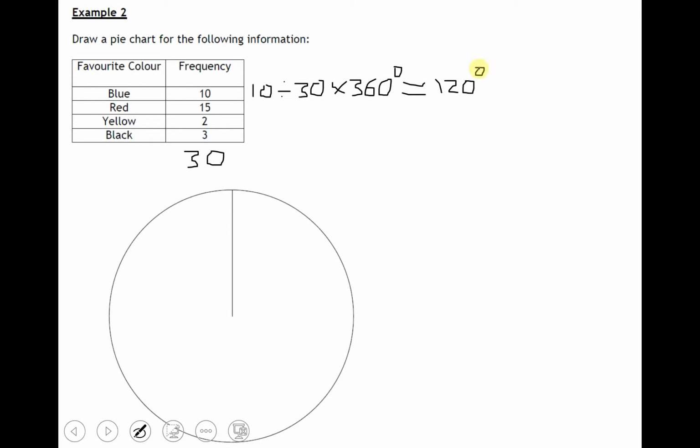We do that for each of the frequencies, so 15 divided by 30 times 360 degrees gives us 180 degrees. 2 divided by 30 times 360, we get 24 degrees.